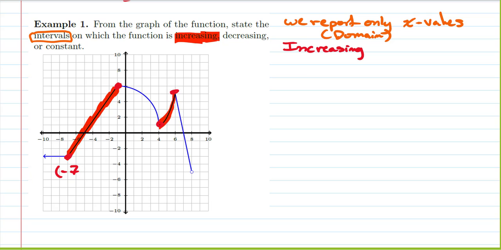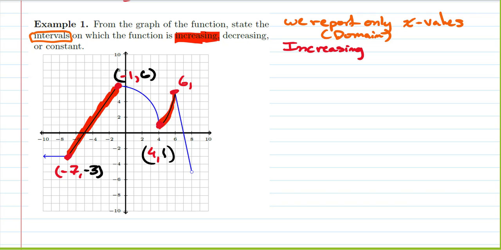So our coordinate there would be -7, -3. And up here, our coordinate would be -1 and +6. And similarly, right here, we would have our ordered pair 4 and 1. And here we would have our ordered pair 6 and 5.